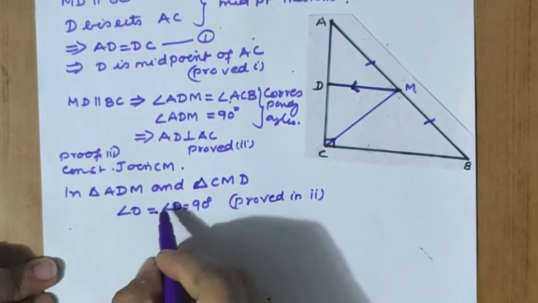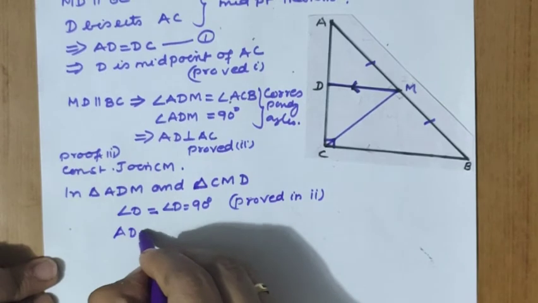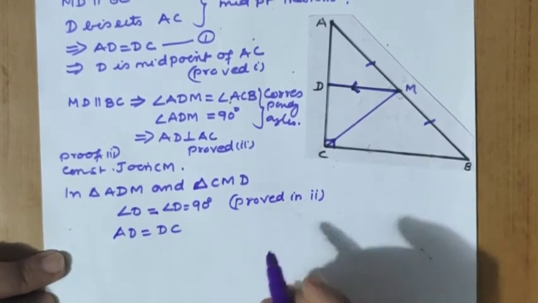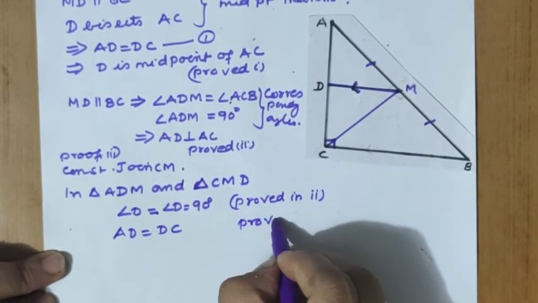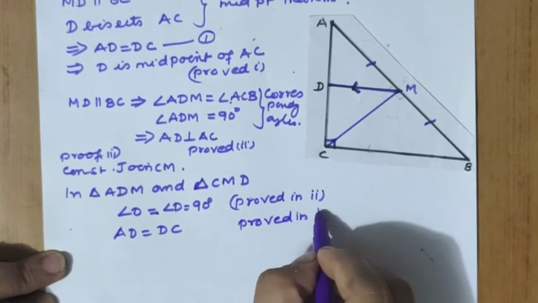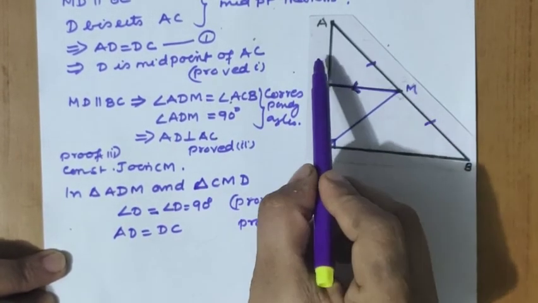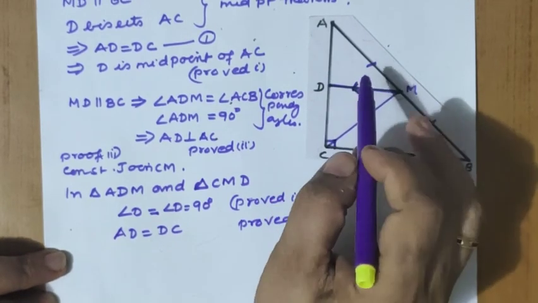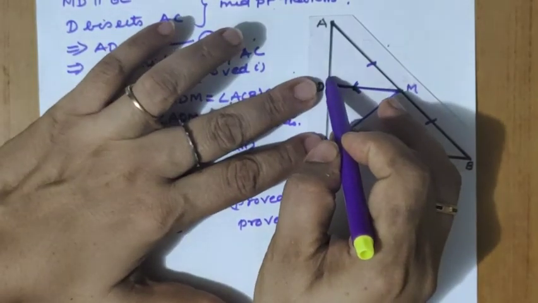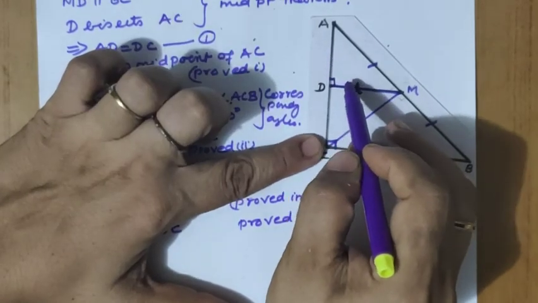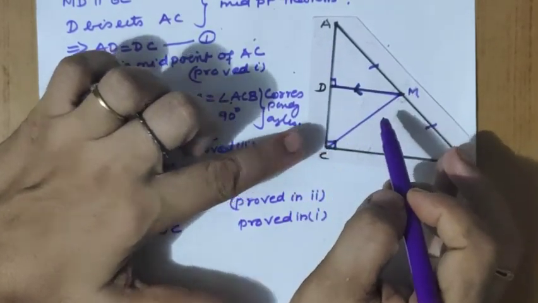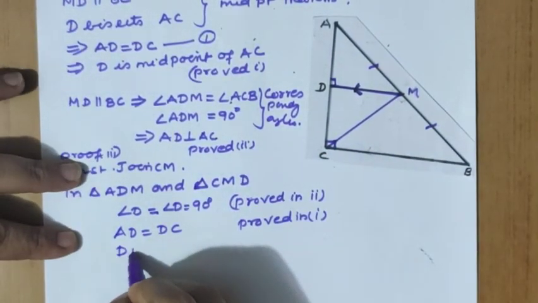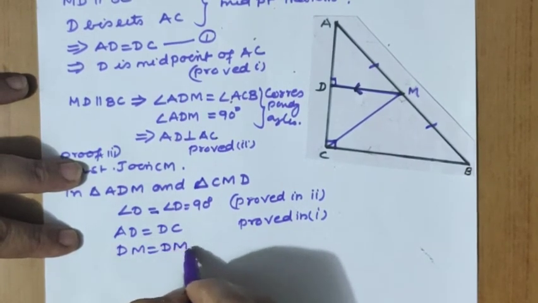Now what is this one? AD equal to DC, which we got in the first step, proved in 1. This is the first side we have used. Now angle D is also 90 degrees. So the second side, DM, is coming. DM equal to DM, common.